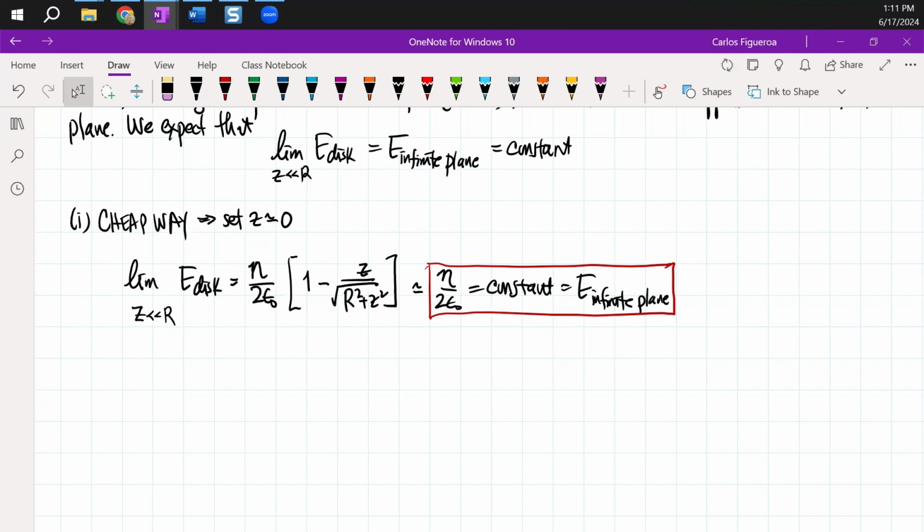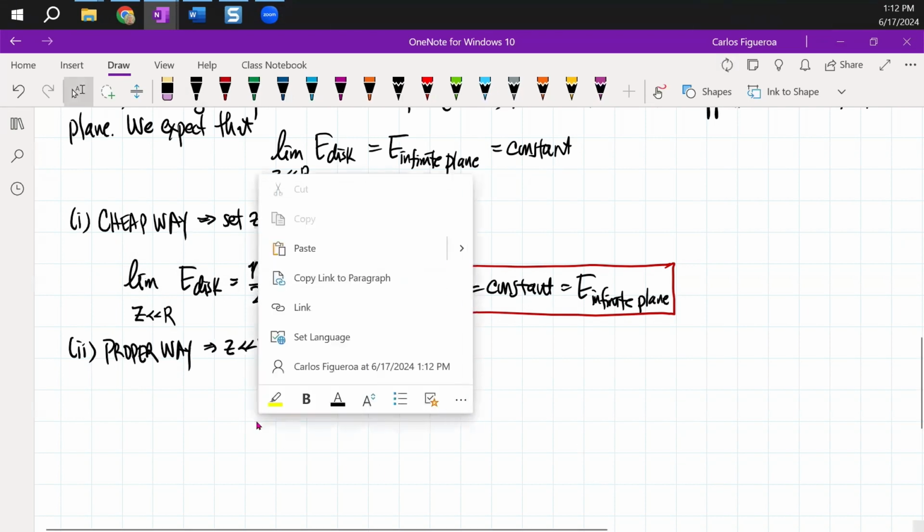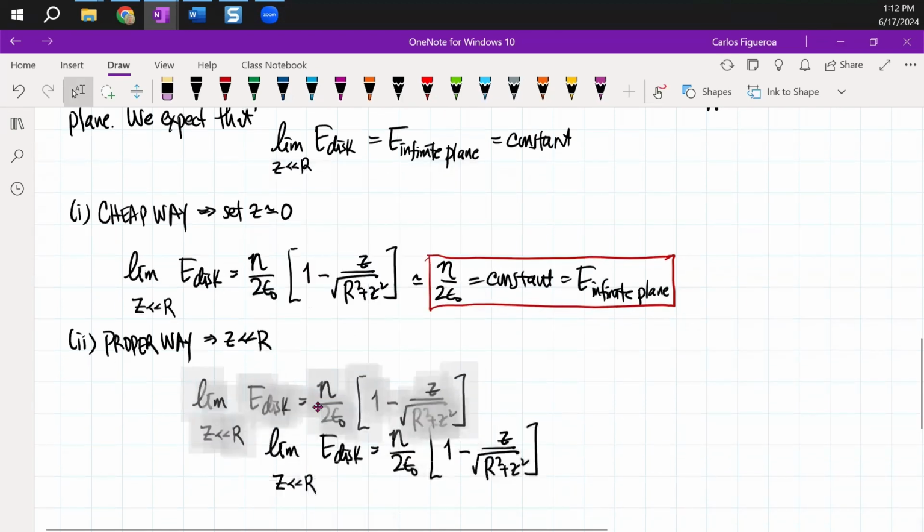Okay, so if I do the cheap way, the proper way, then I again start with the same equation here, and then we're going to say the proper way. And that tells me that z is much, much smaller than R. Well, let's see if we can do this quickly.